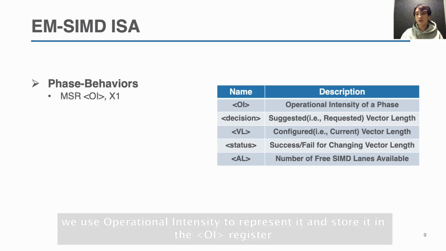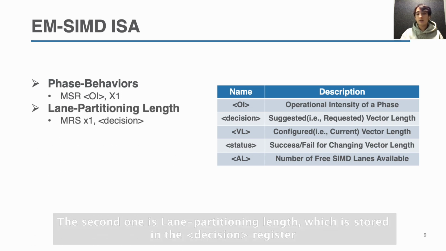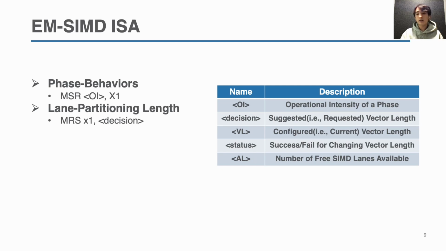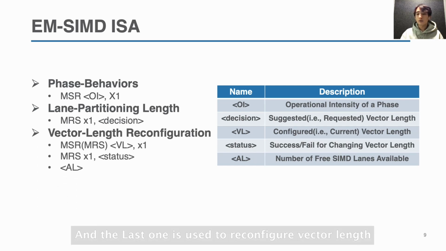We use operational intensity to represent it and store it in the OI register. The second one is lane partitioning length, which is stored in the decision register. And the last one is used to reconfigure vector length. It contains the VL register for the current length, the status register for the reconfiguration success status, and the AL register for the available length.